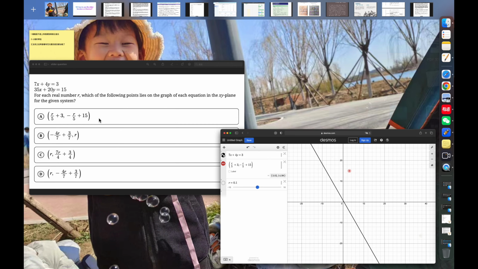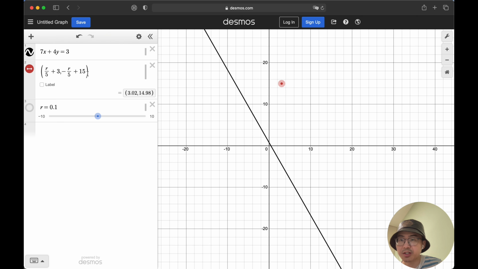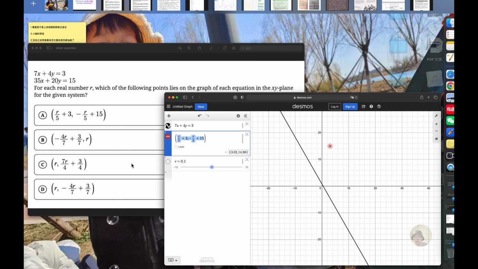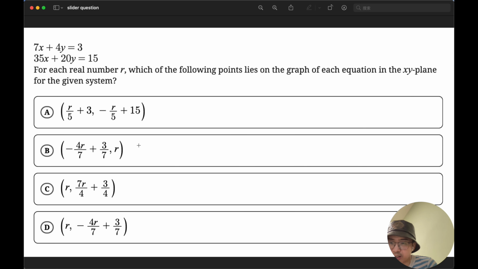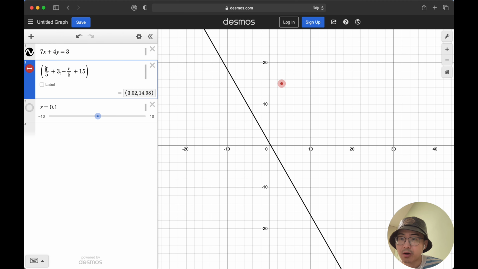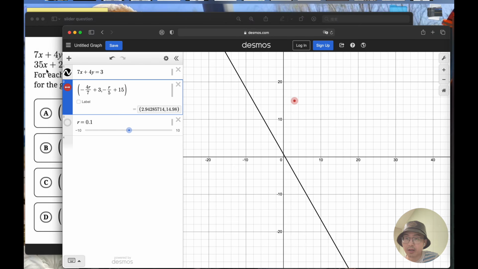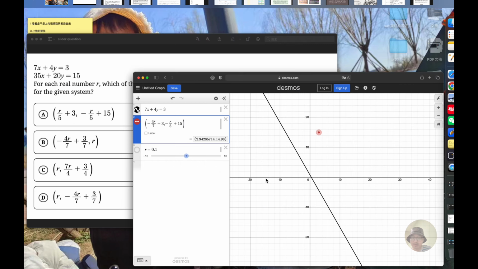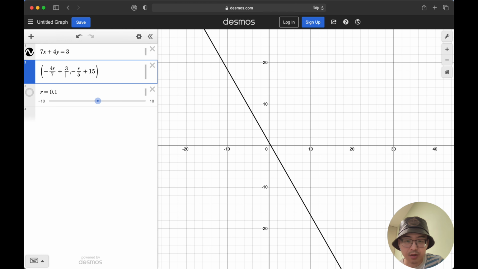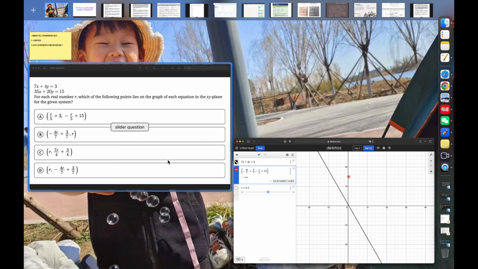Okay, so let's try choice B, and we can make some slight changes to the information we have already input. This choice B is negative 4r over 7 plus 3 over 7 for x, and y is just r.